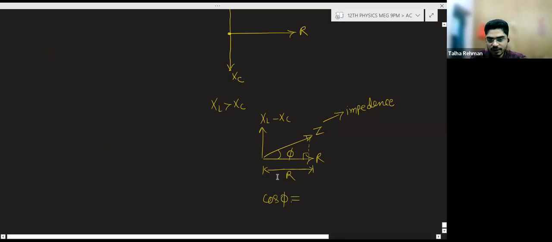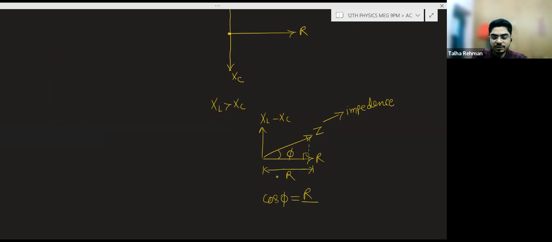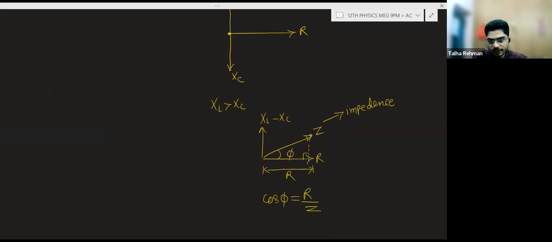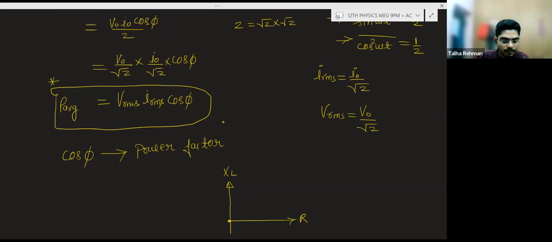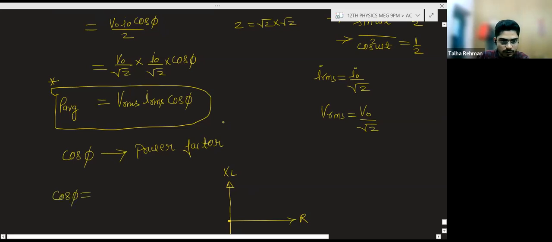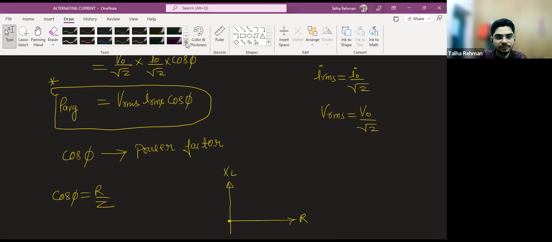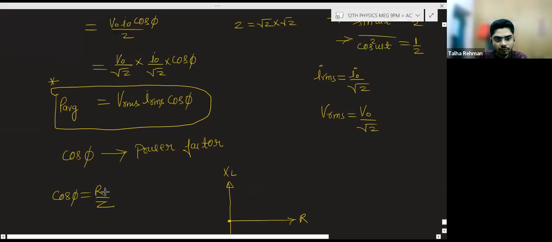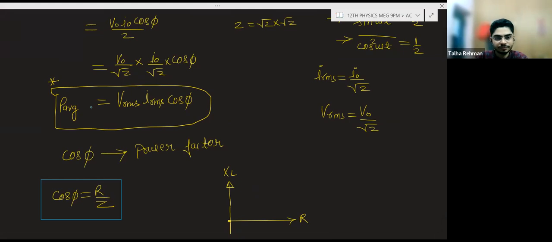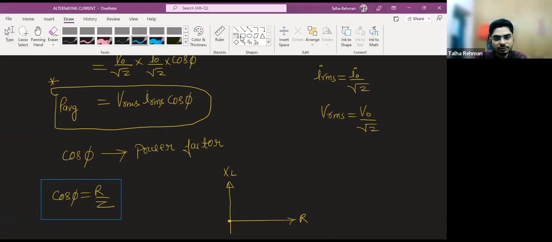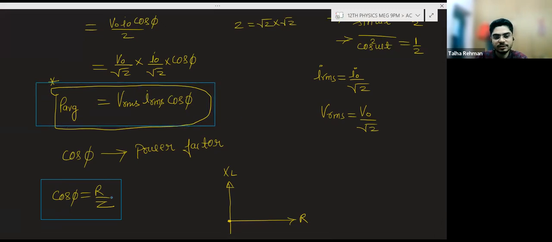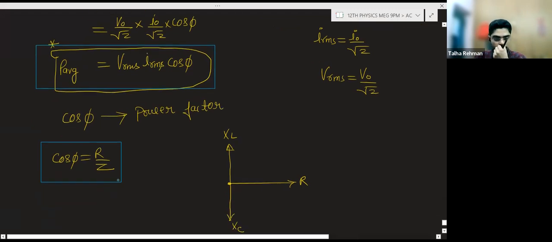Base in this triangle is R, and hypotenuse is Z. So R by Z you will get. Cos phi is R divided by Z. So these two formulas you should know: average power, and this is the power factor.